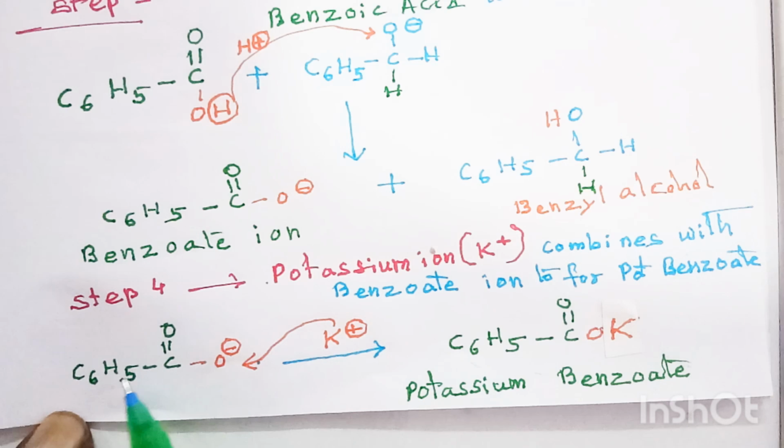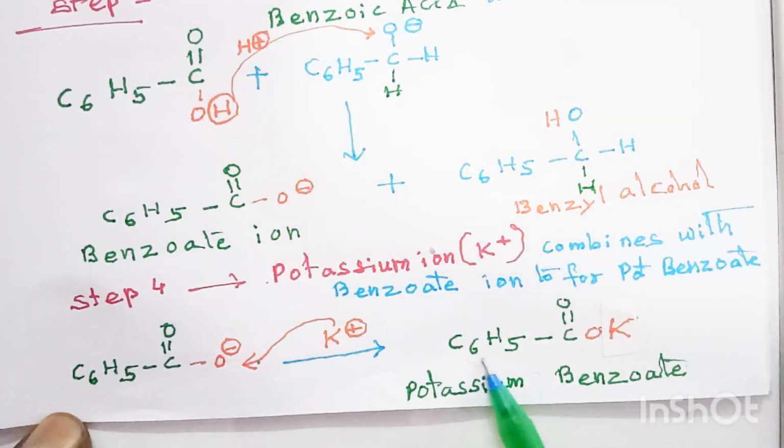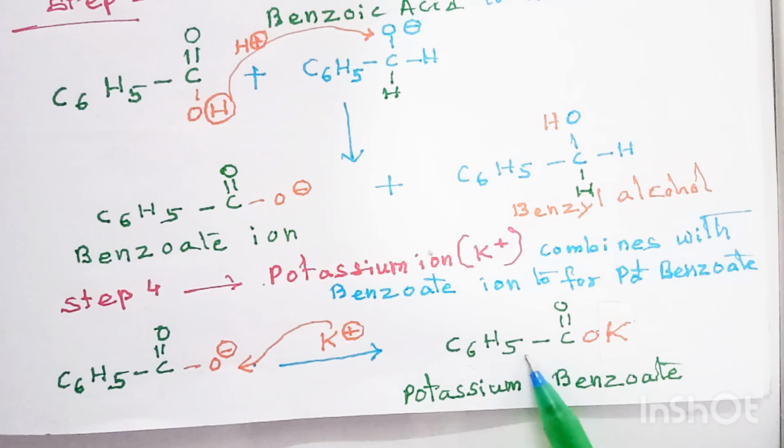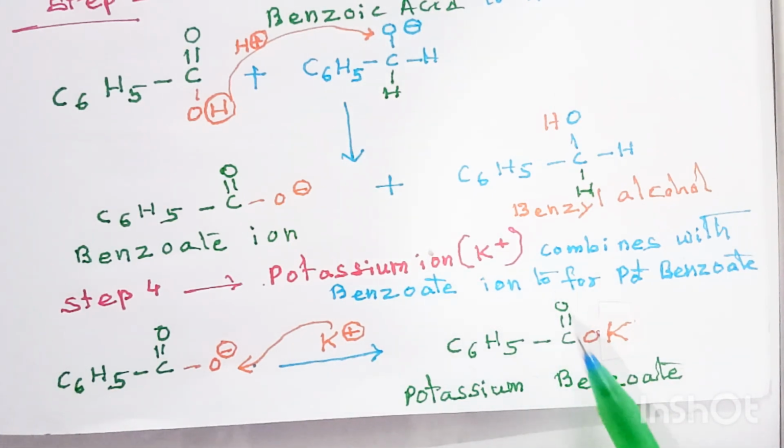So C6H5 C double bond O minus will combine with K plus ion to form C6H5 C double bond O K. This is potassium benzoate.